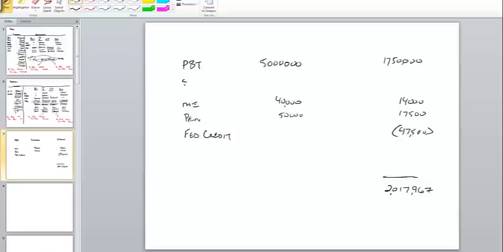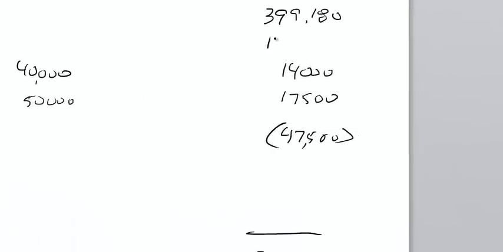Okay, so our state tax provision was $399,180, right? And then we should have a Fed benefit of state of 35% of that. And 35% of 399,180 is 139,713.